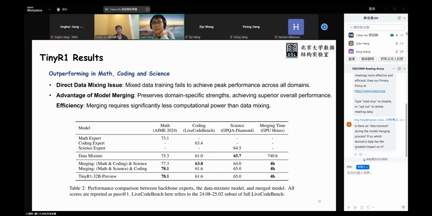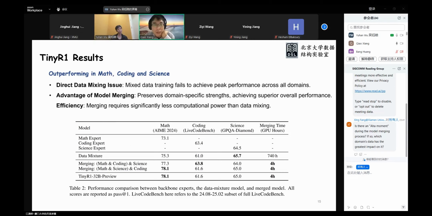I see. So in your experiment, you have three domains of data, right? Math, coding, and science. Three domains of data, three domains of models. So which domain's data has the greatest impact? It's a follow-up question from the question about the aha moment. Also, I need to clarify that the question is not from my student.